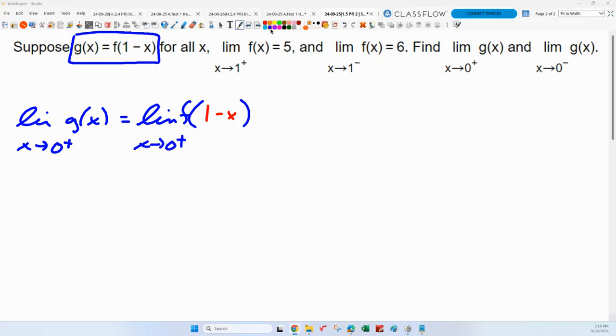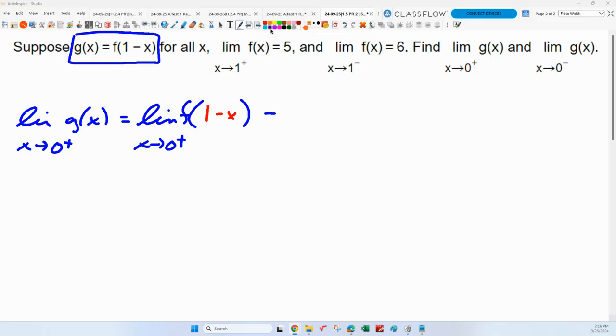Well, as x approaches 0 from the right, what does 1 minus x approach? Wouldn't 1 minus x approach 1 from the left? The value of 1 minus x would become 1 minus, wouldn't it? Right? Okay.